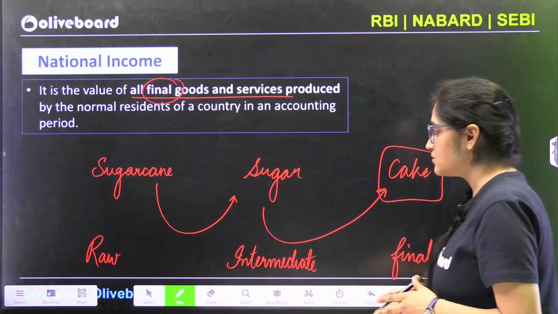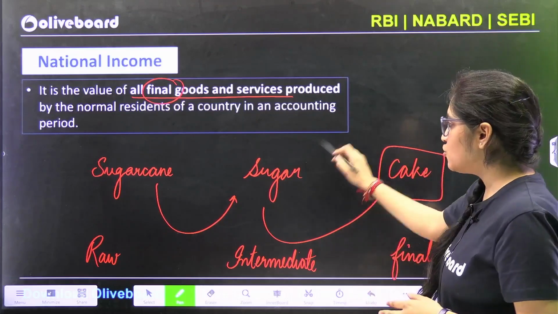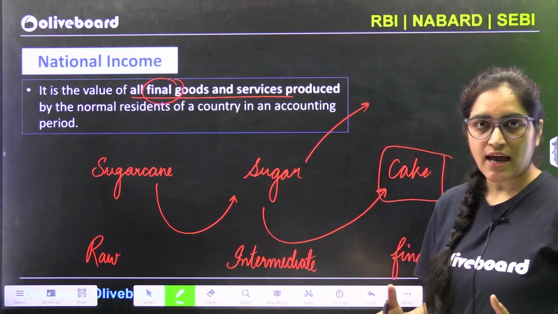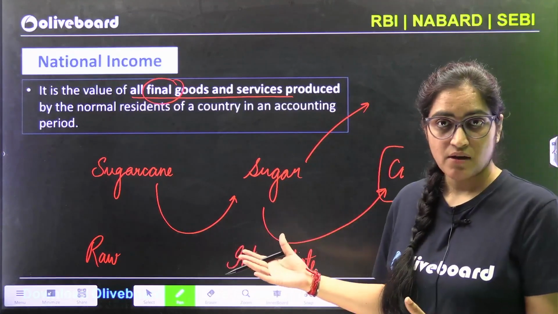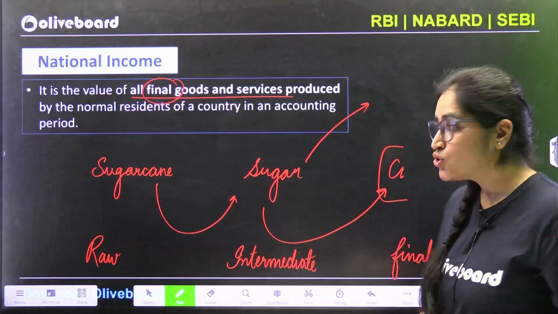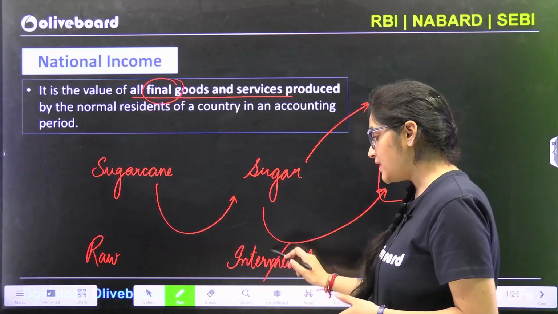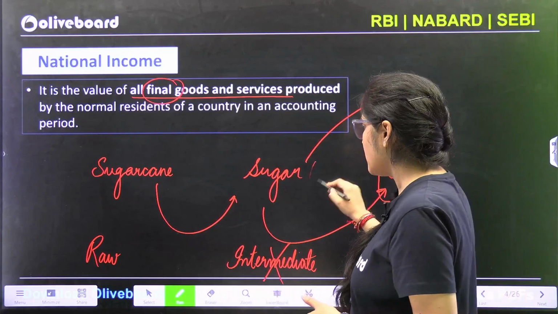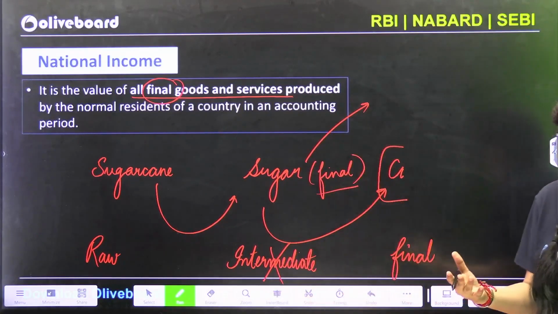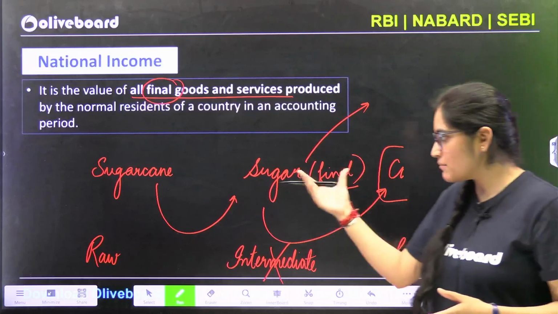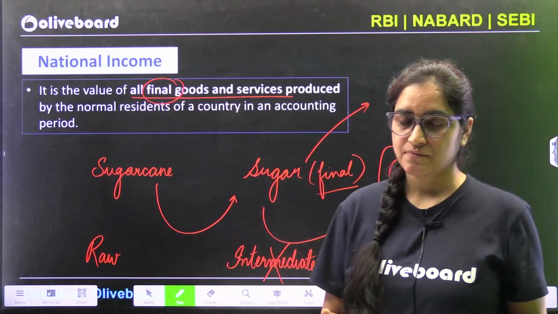But let's suppose a customer comes and he doesn't want this cake. He wants sugar. In that scenario, sugar will no more be an intermediate good. It will be a final good. And for your national income accounting, you will take into account the amount of sugar that is being produced.